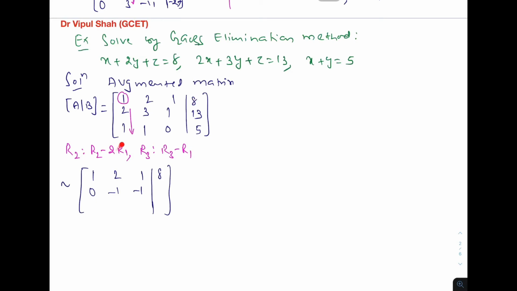Then multiply minus 2 here, so minus 16 plus 13, that is nothing but minus 3. Now the same way multiply minus 1 here and add here, so minus 1 plus 1, 0, then minus 2 plus 1, so that is minus 1, then minus 1 plus 0, minus 1, and minus 8 plus 5, minus 3.